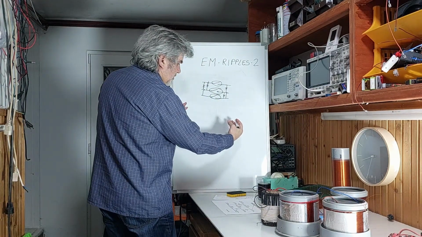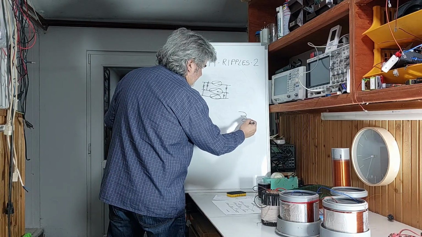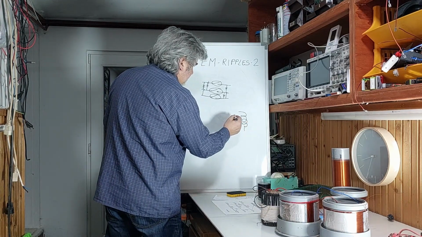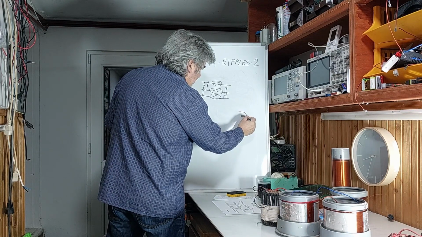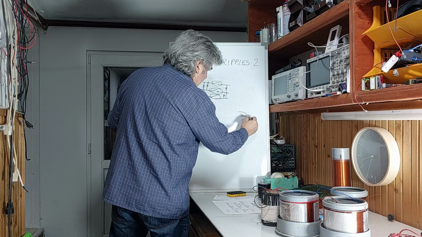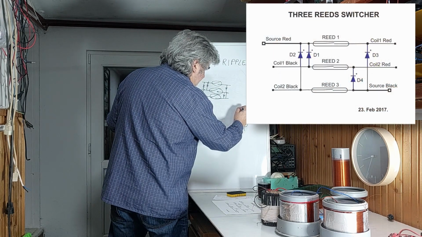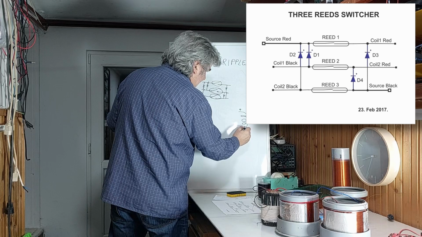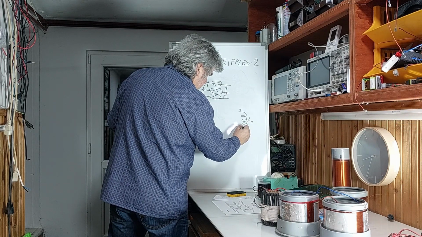So let's say we call the first coil L1, with a red terminal and a black terminal.